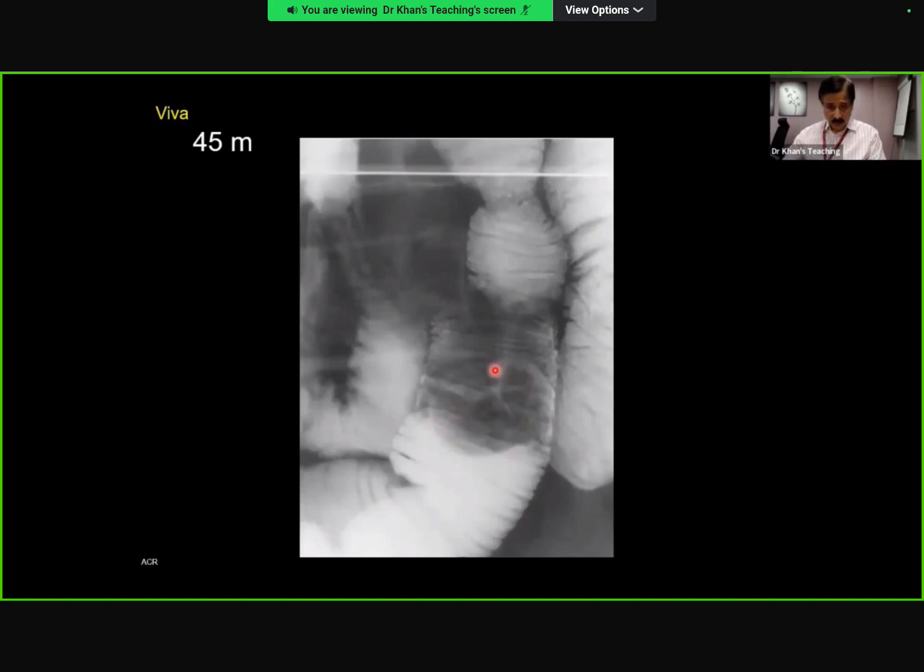Now, if you see here, there is a filling defect here, and this proved to be later on a metastasis. That is not my point, that you call it a metastasis; you call it a mass. What is happening is that this is the intussusceptum and this is the intussuscipiens. So this loop is going to telescope into this.